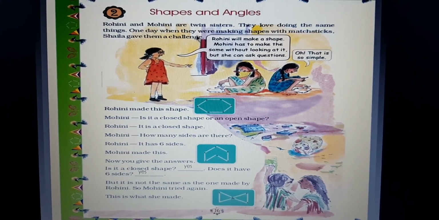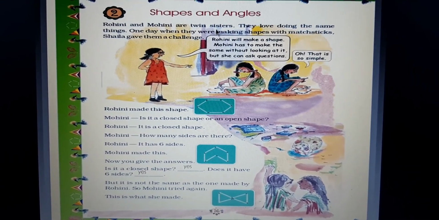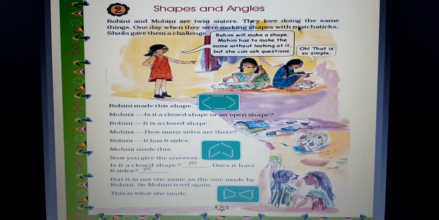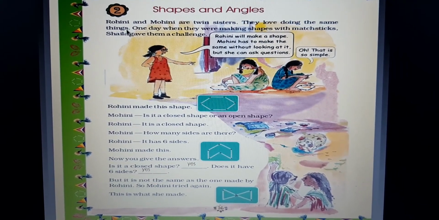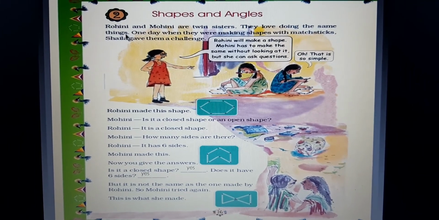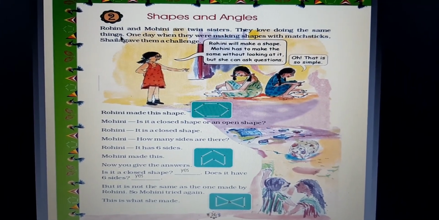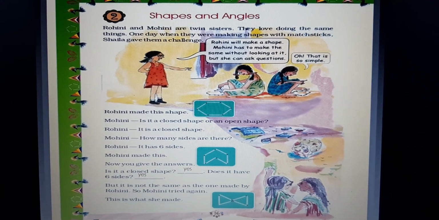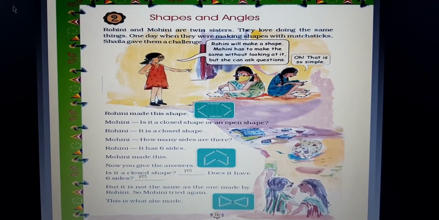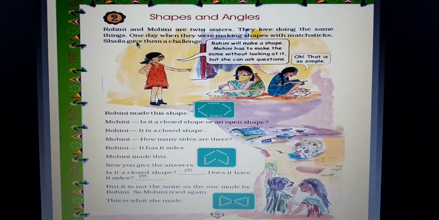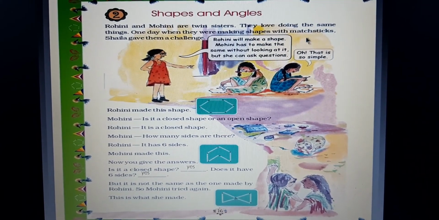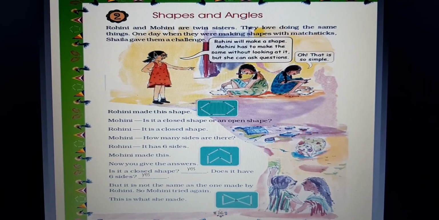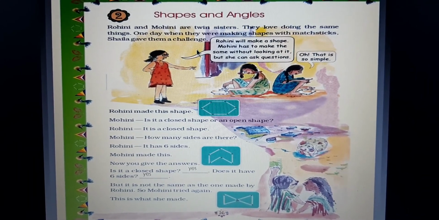Rohini and Mohini are twin sisters, right? They love doing the same things. Obviously, twins prefer the same things, the same clothes, the same bags, the same work, activities like that. One day when they were making shapes with matchsticks, Shaila gave them a challenge, right?